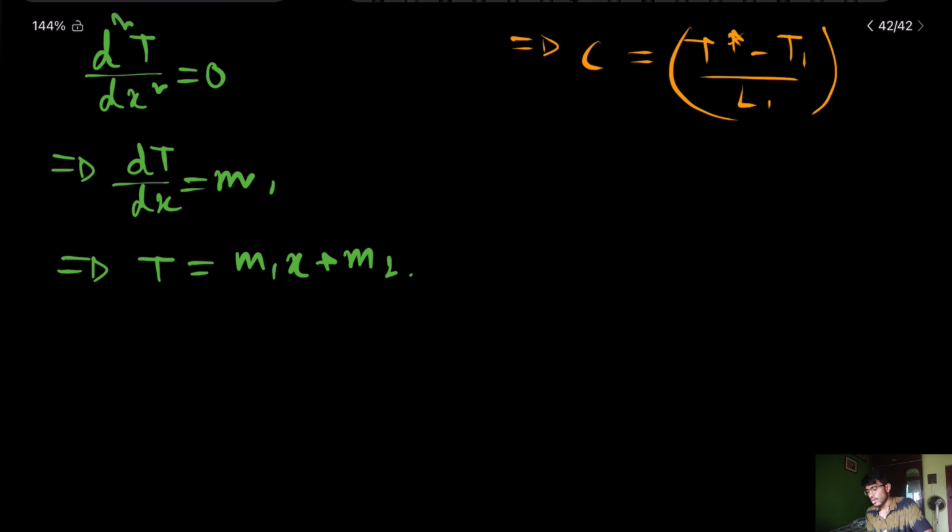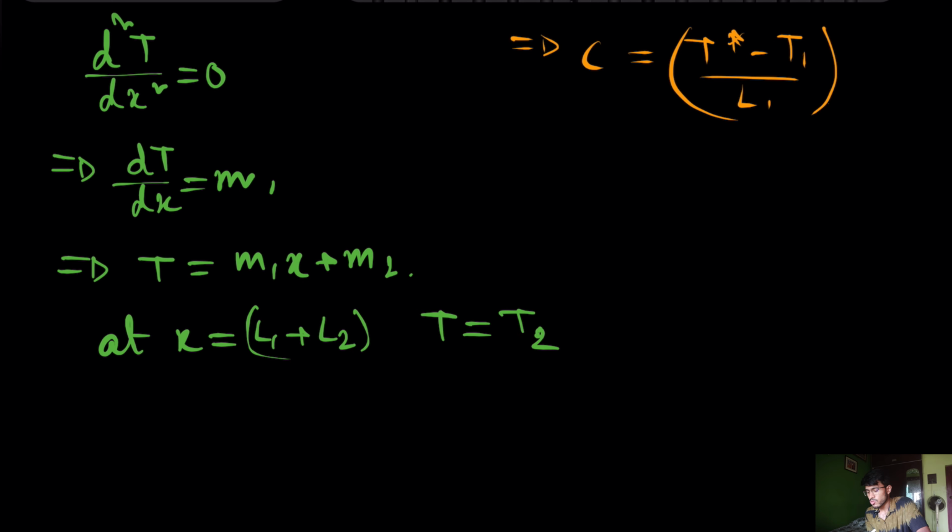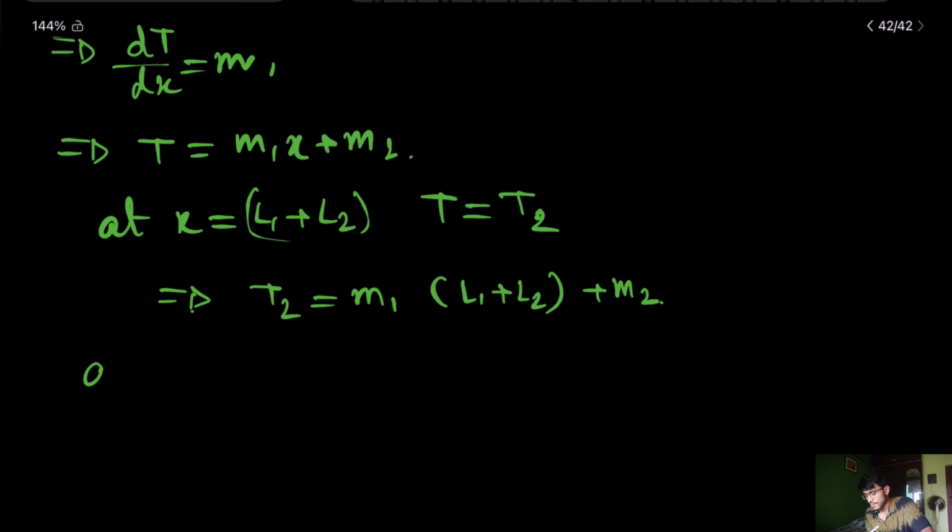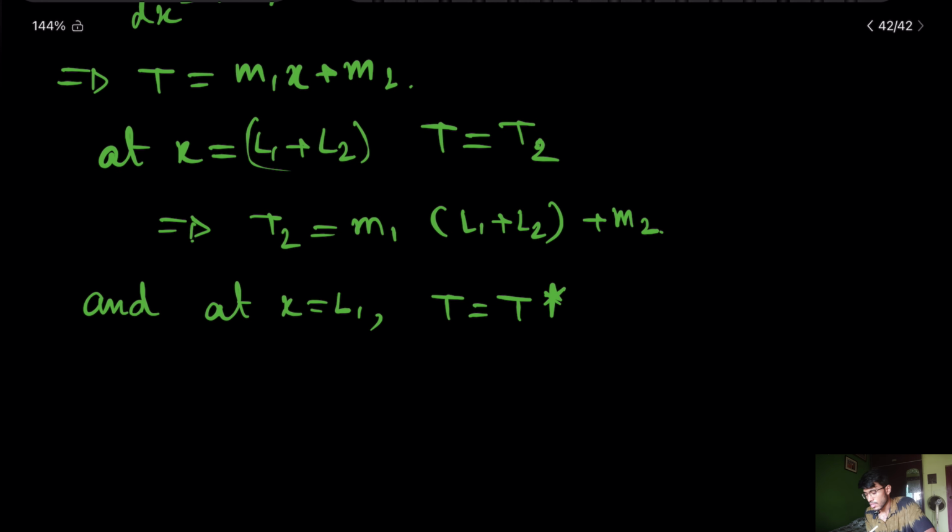Similarly, at x equal to L1 plus L2, my T is equal to T2. So T2 is equal to M1 into L1 plus L2 plus M2, right? And at x equal to L1, I have T equal to T star.